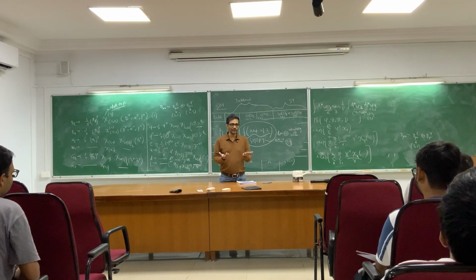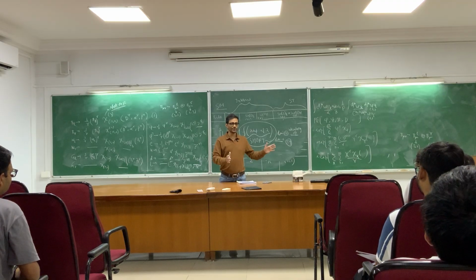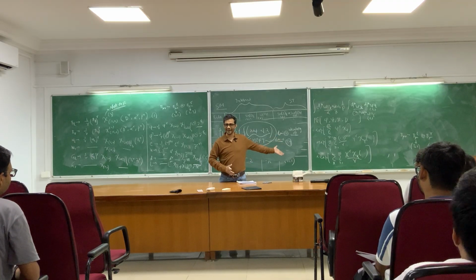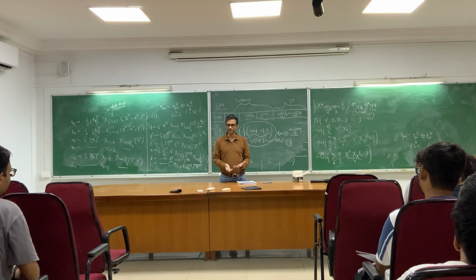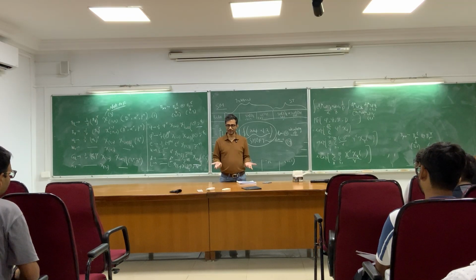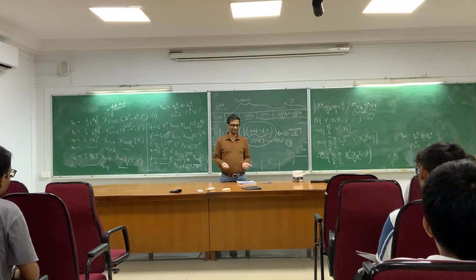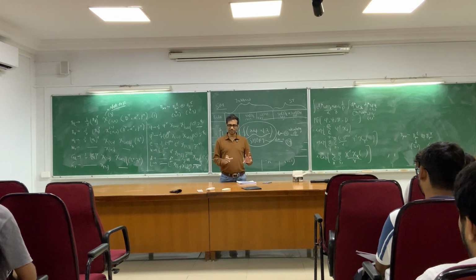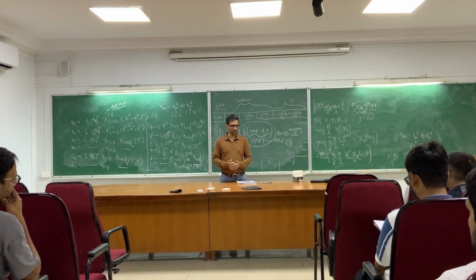You collect the coefficient of 1 by z. So you can avoid doing the residue calculation also, just collect the coefficient, and because it is a simple pole there is no factor also. That's how you can check whether they are invariant or not. These two kinds of assignment will be given for the next week.